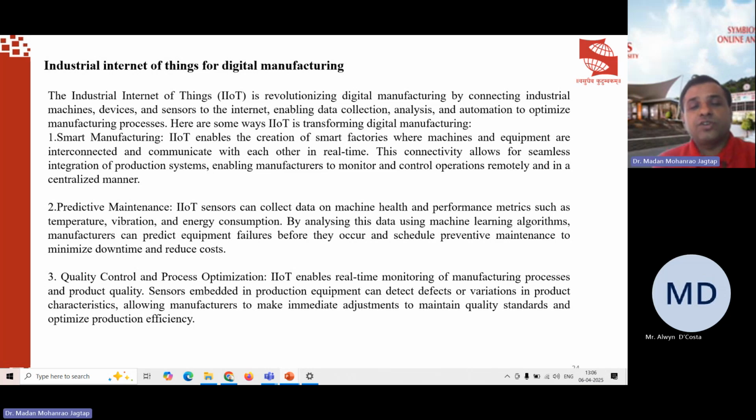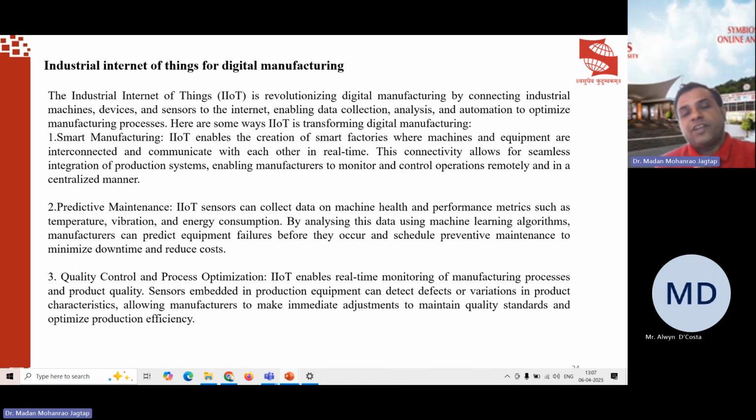Then quality control and process optimization. The industrial Internet of Things enables real-time monitoring of manufacturing processes and product quality. Sensors enabled in production equipment can detect defects or variations in product characteristics, allowing manufacturers to make immediate adjustments to maintain quality standards and optimize production efficiency.